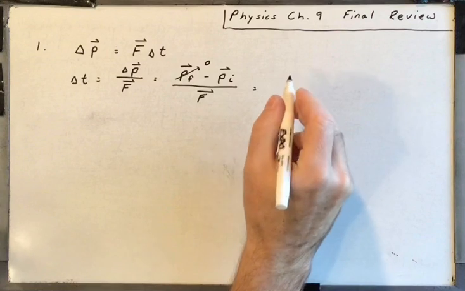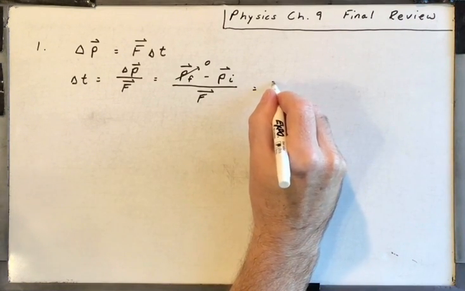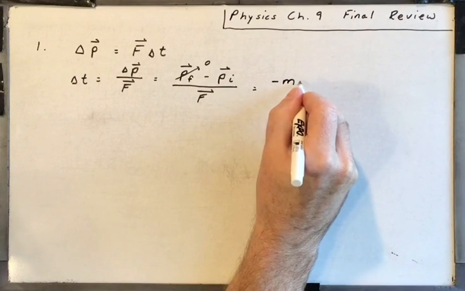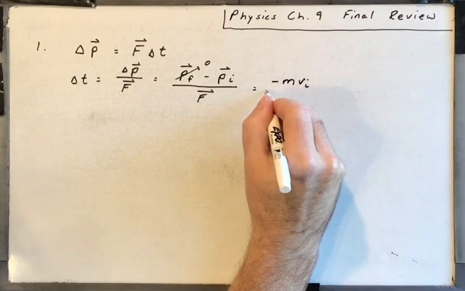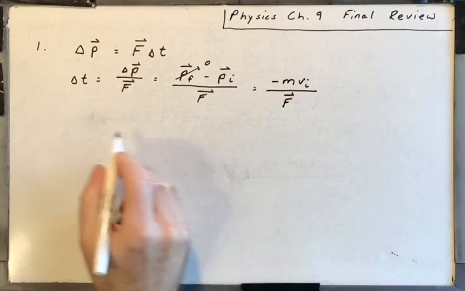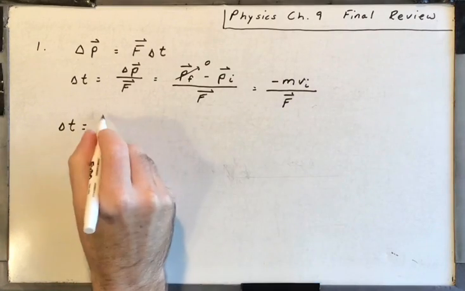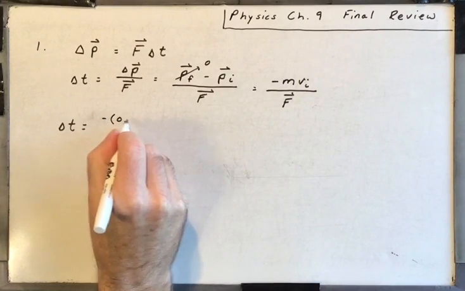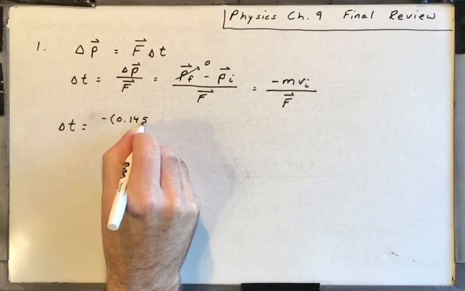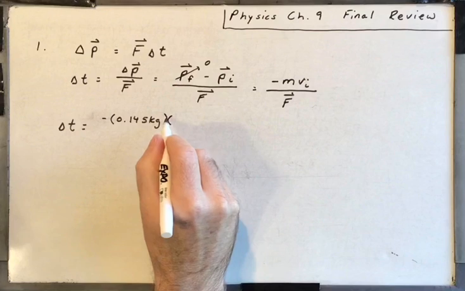So momentum is mass times velocity, so it would be minus the mass times the initial velocity over the force. All right, so that is going to be minus, and we got to change it to kilograms, so 0.145. The velocity is 22.1.